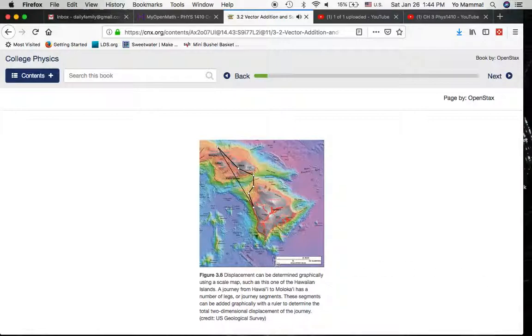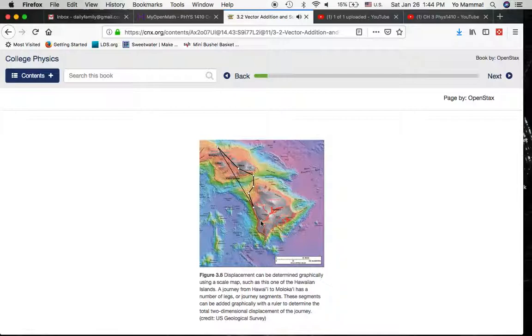In 2 dimensions, where we have maybe a north and a south, an east and a west, or we have a positive y and a negative y and a negative x and a positive x, you can have somebody take several vector paths. So this solid line here would represent a trip that somebody maybe takes by airplane from city to city to city to city.